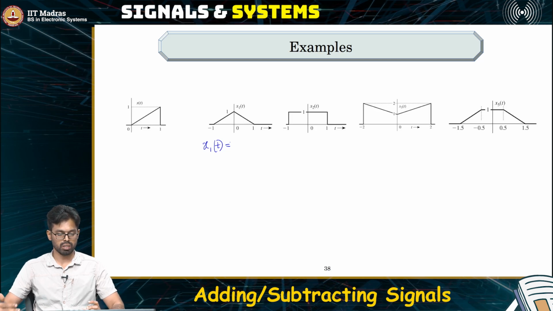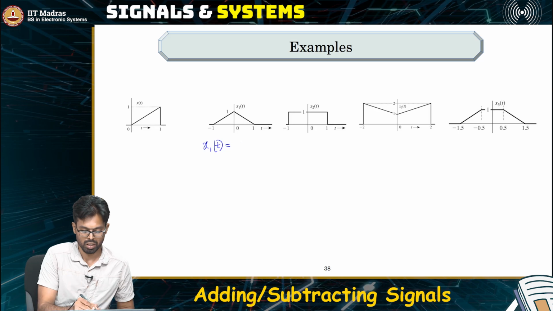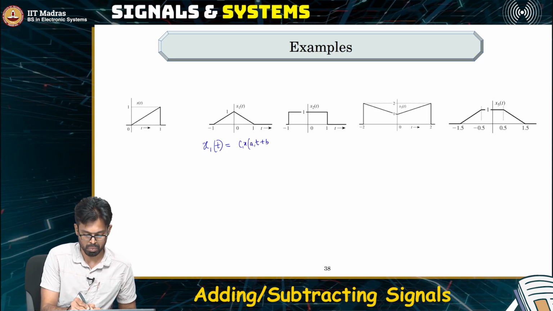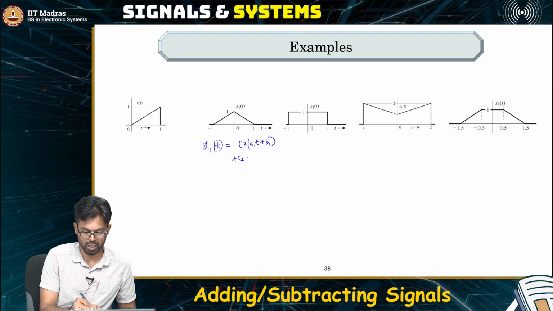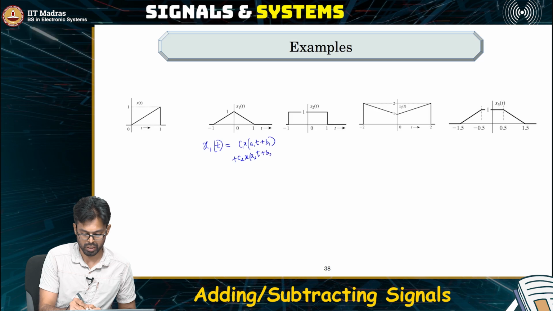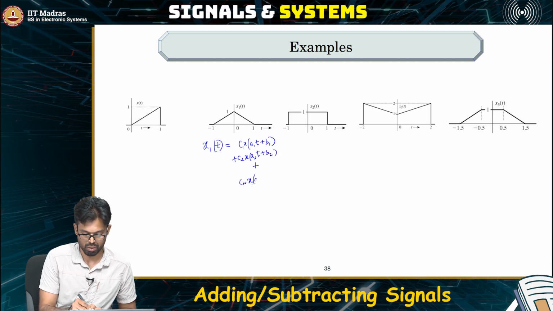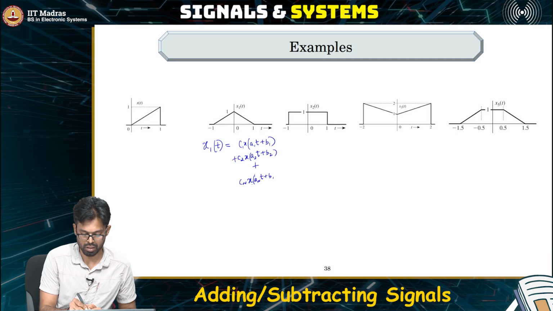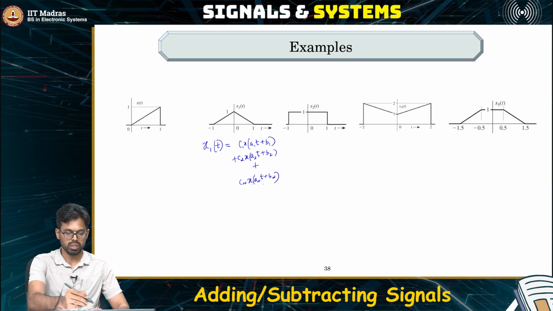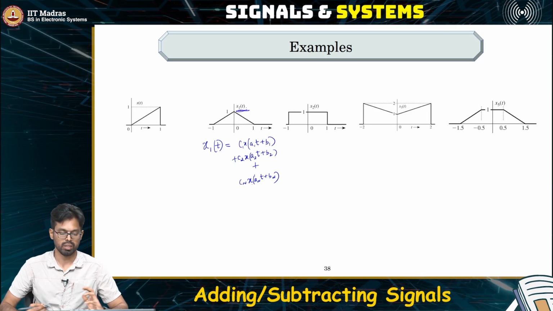I can use different components, like I can say that I'll have some c1 times x of a1 t plus b1, plus some c2 times x of a2 t plus b2, and so on up to some cn times x of an t plus bn. So, what we are asked here is to decompose this given signal in terms of x of t itself. Okay, that's what we are asked.